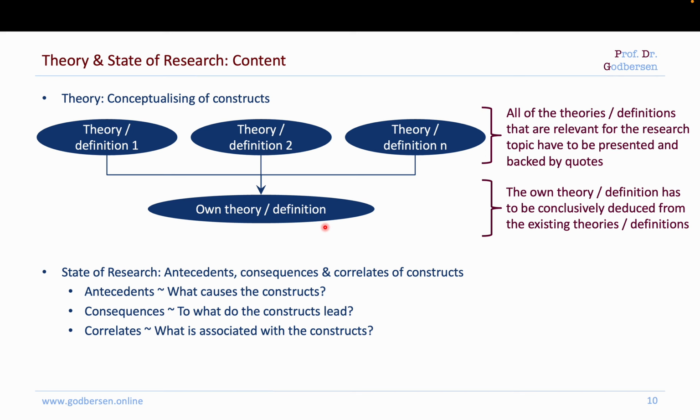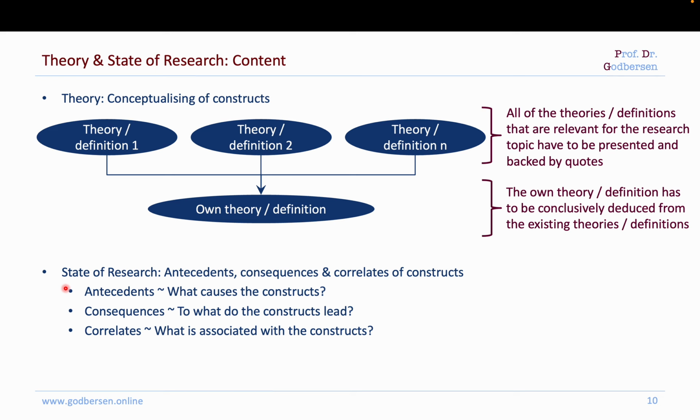But you have another part, that is the state of research. Here you show why you've chosen your constructs for your empirical research and how your constructs might be related based on existing literature, existing theories.